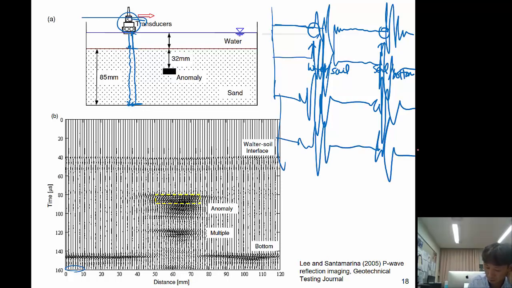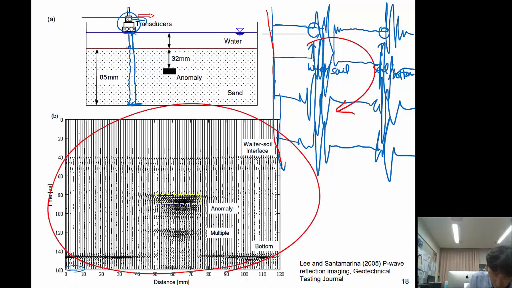And then if you flip this whole cascade of your signal by 90 degrees, then you get this. In one signal, you can see that there's some reflection, right? That's from the water and soil interface. And then another reflection shown here is from the bottom.